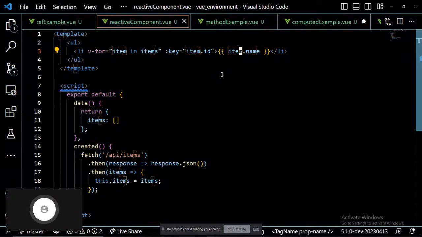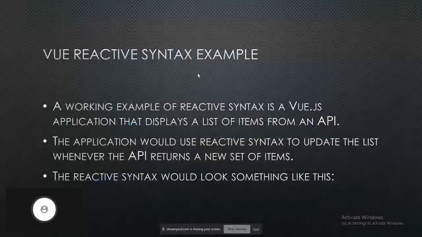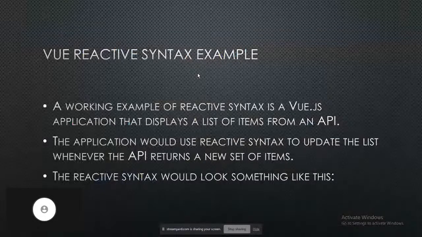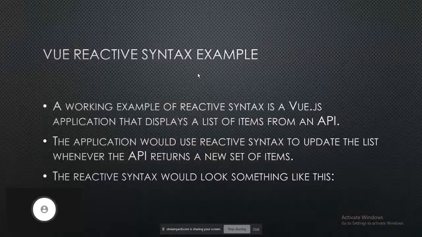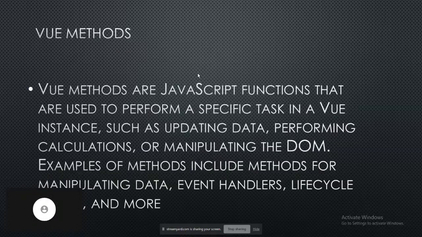And we'll talk more about some of all these functions as we go, because there are lots of them that really make that dynamic nature of Vue come alive. Let's keep going. So from this, you could see the application would use reactive syntax to update the lists, and the API returns a new set of items. And the reactive syntax would look something like what we just saw in that example. So that's just a snippet of what reactivity looks like in Vue.